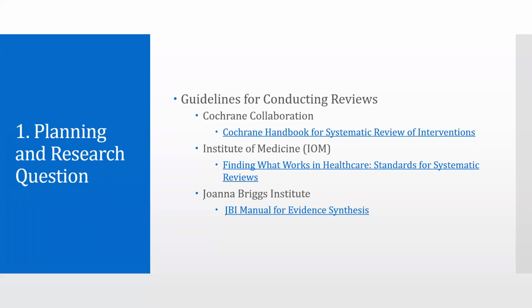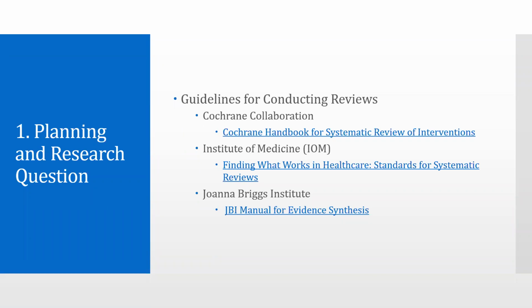Okay, so there are definite guidelines that you can look at to familiarize yourselves with the systematic review process. The first, of course, is the Cochrane Collaboration, and there is a Cochrane Handbook for systematic reviews. The second is the Institute of Medicine's Finding What Works in Health Care. And then the Joanna Briggs Institute also has a manual for evidence synthesis.